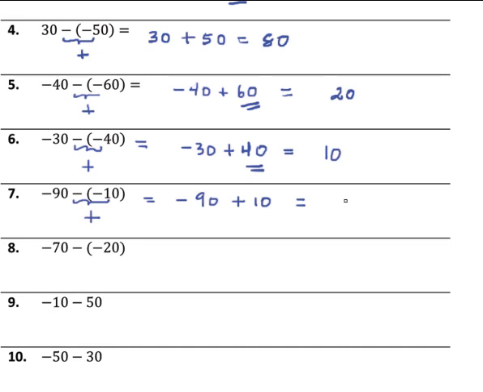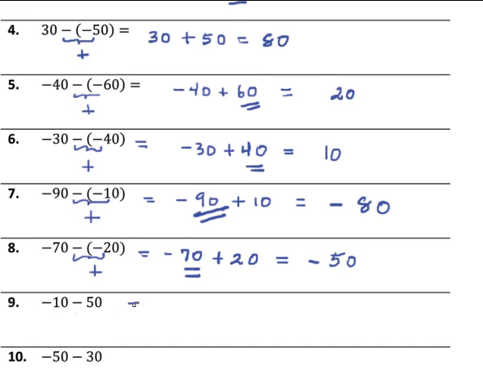Subtract, sign of bigger, so 90 subtract 10 is 80, and since 90 is bigger than 10, that would be negative 80. Okay, here let's rewrite this. Minus 70 plus 20. We're subtracting because we're adding a positive and a negative, so we subtract, sign of bigger. Subtract, we get 50. And that would be negative 50 because 70 is larger than 20.